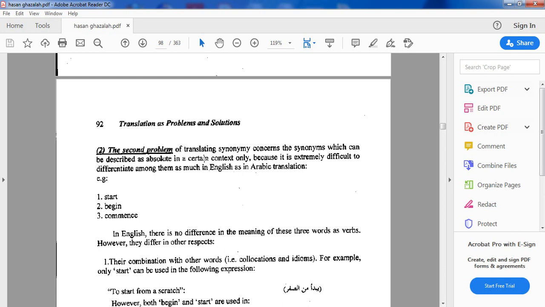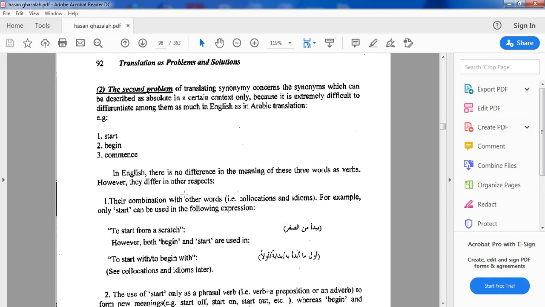He said we have identical words, and actually most linguists would say we don't have identical meanings of words. He says here, if you encounter such words like, for example, start, begin, commence, what should you do?